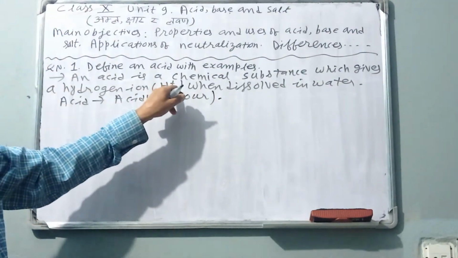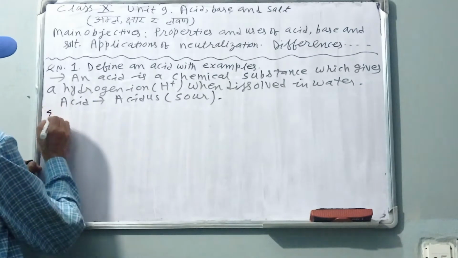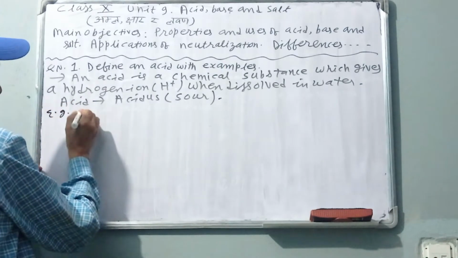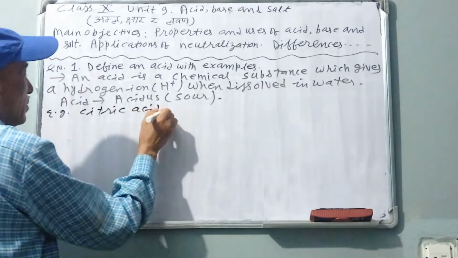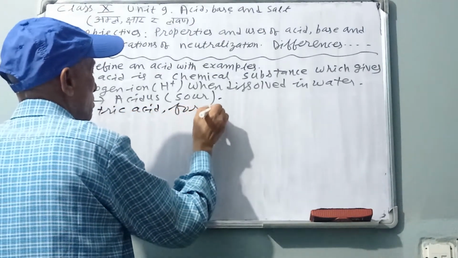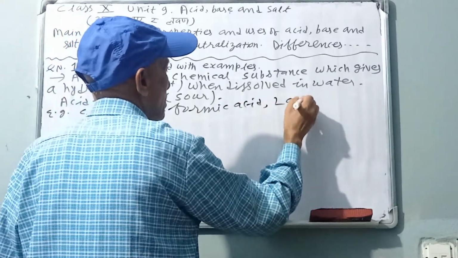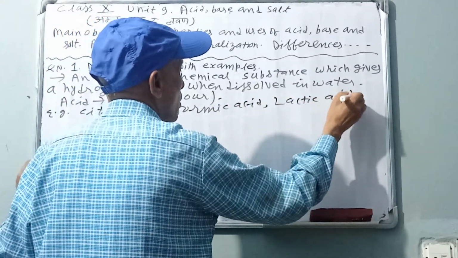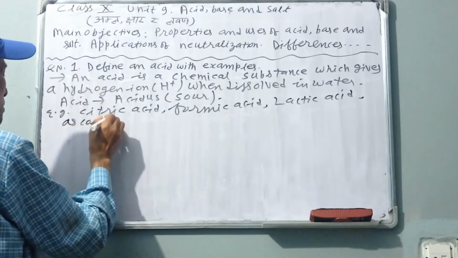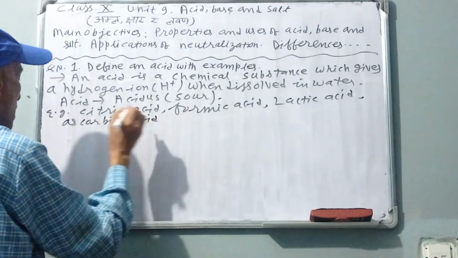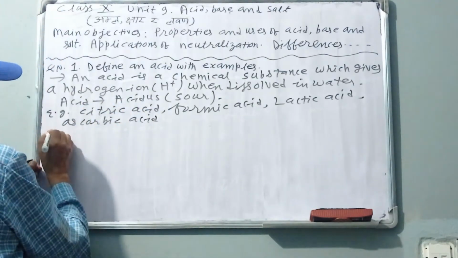Due to this hydrogen ion, all acids are sour. Examples of some acids are, see, organic acids: citric acid, formic acid, lactic acid is found in curd, ascorbic acid, etc. Now I give some examples of inorganic acid.